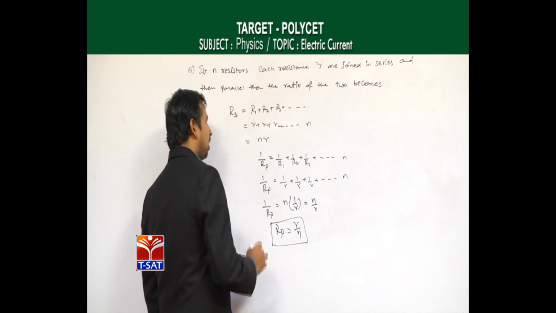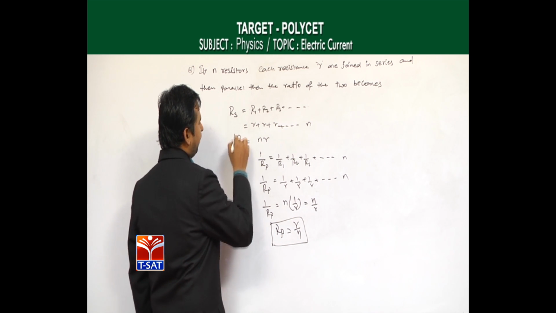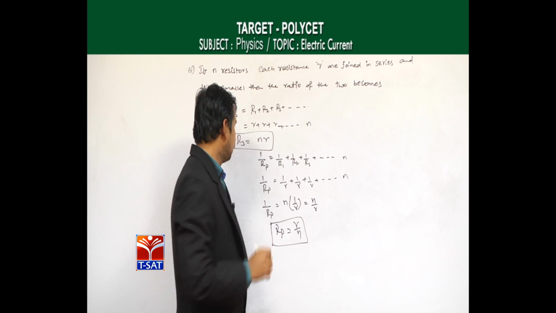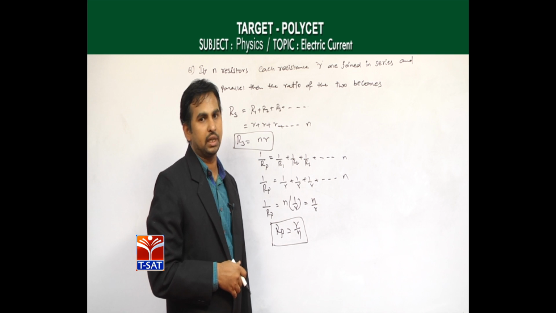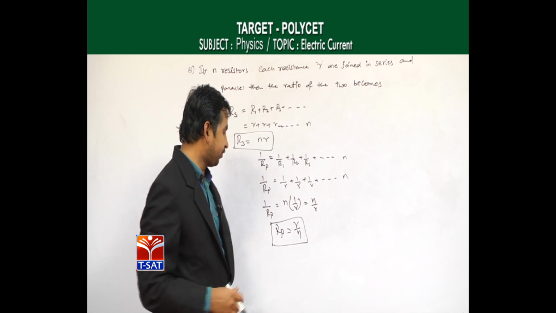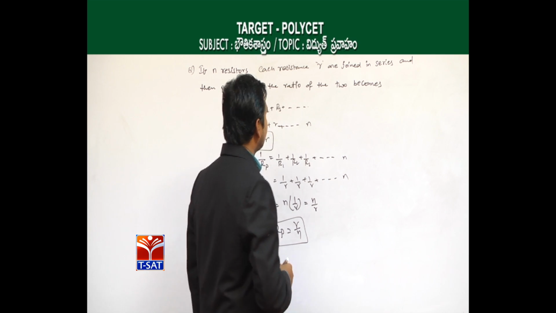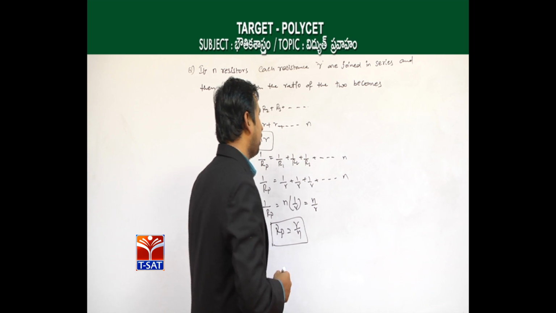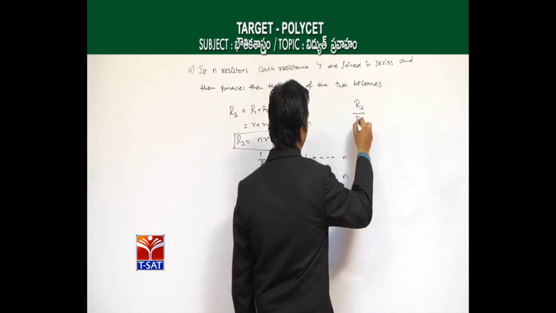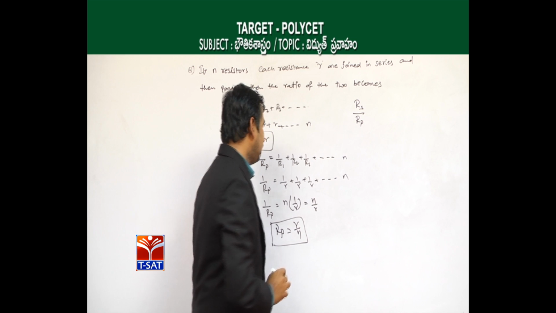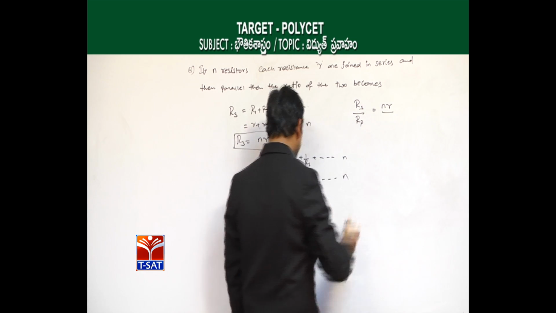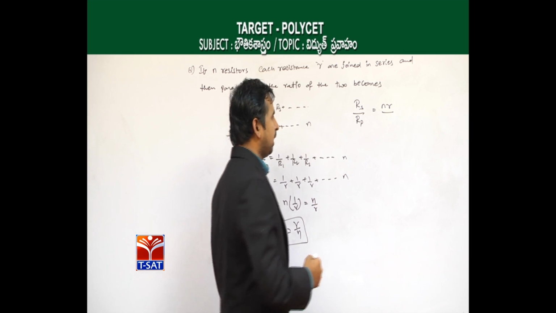Now we got the Rs value as nR, whereas the Rp value is R by n. Rs is the resistance when connected in series, and Rp is the resistance when connected in parallel. The question is to find the ratio between Rs and Rp. Rs is n into R, and Rp is R by n.